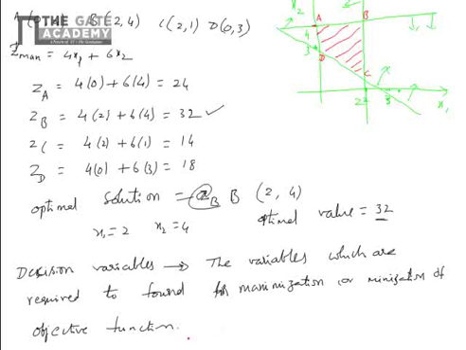So in this problem, for example, x1, x2 are called decision variables. We are calculating the x1 and x2 values here. If there are more than two variables, then we can go with the simplex method.